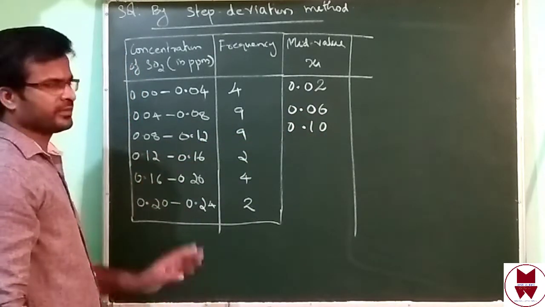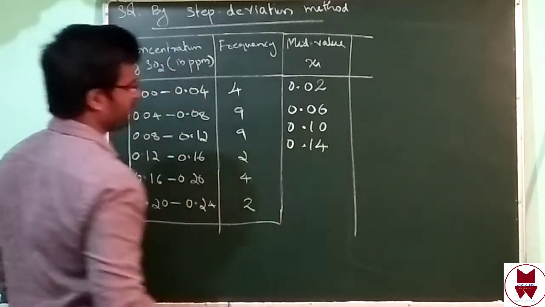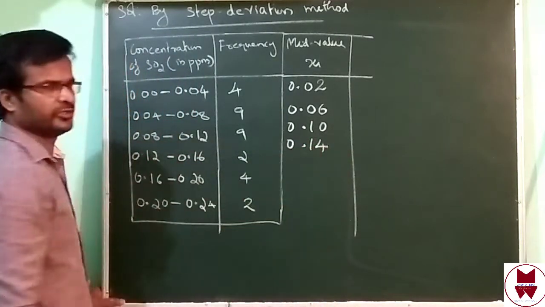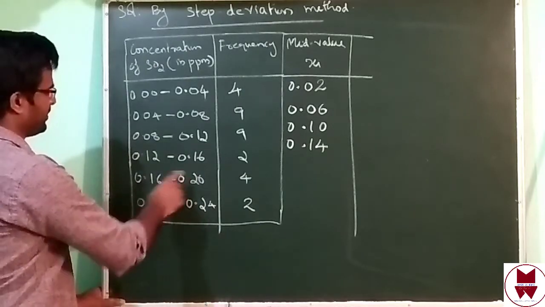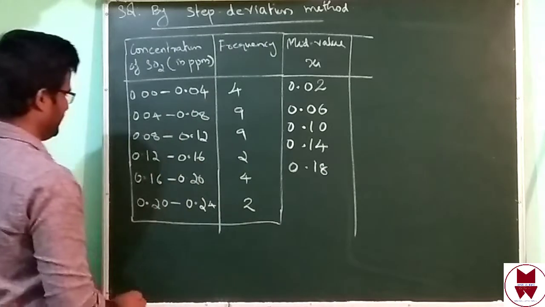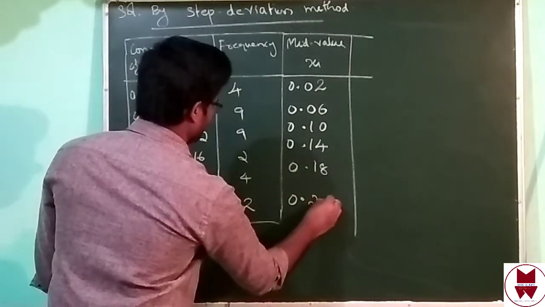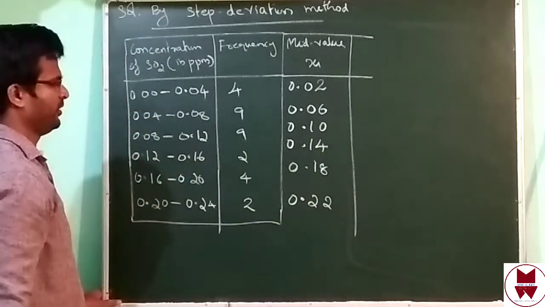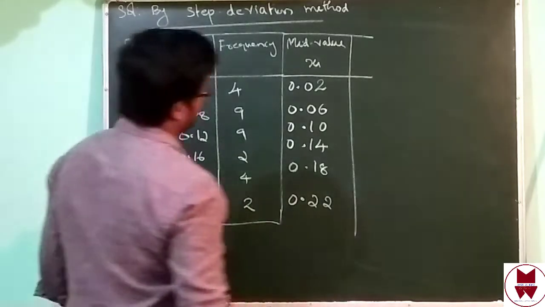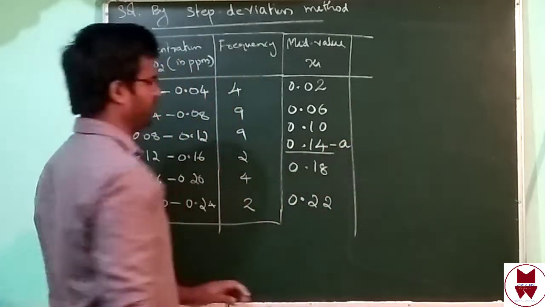Then 12 and 16, 14, that means 0.14. Then 16 and 20, 18, 0.18. Then 20 and 24, 22, 0.22.